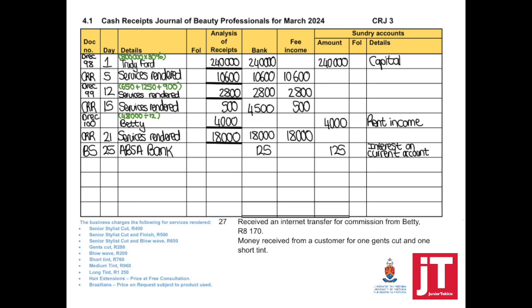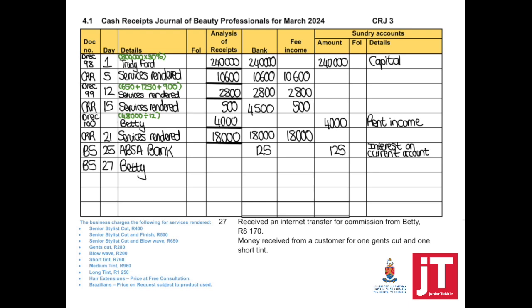On day 27, two transactions happened on the same day. Received an internet transfer for commission from Betty, 8,170. The source document that we use is bank statement. There's no EFT in the cash receipts journal. It is only bank statement if money is received electronically.